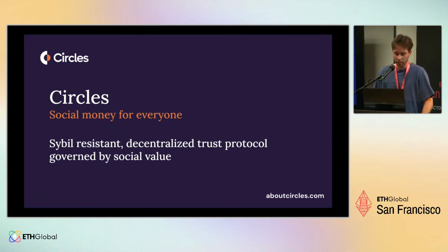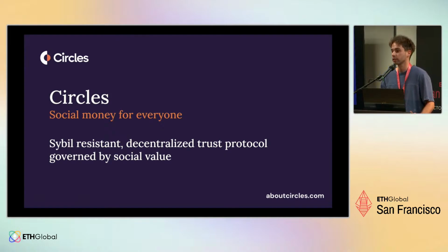Hi. I will take a few minutes to talk about Circles. Circles is a project developed by Gnosis Chain that represents social money for everyone. It's a DeFi protocol that lets users mint their own tokens and exchange them with people that they trust.